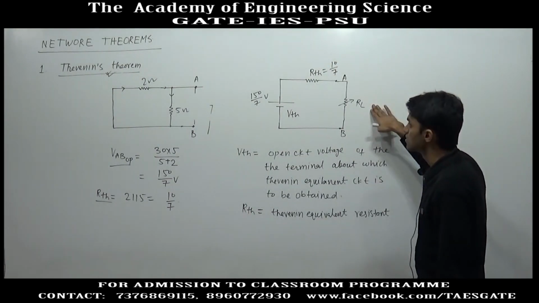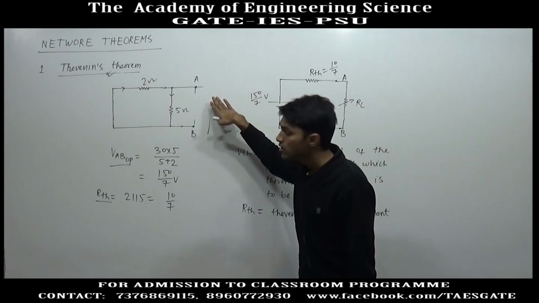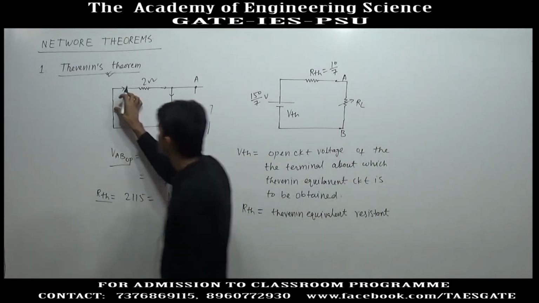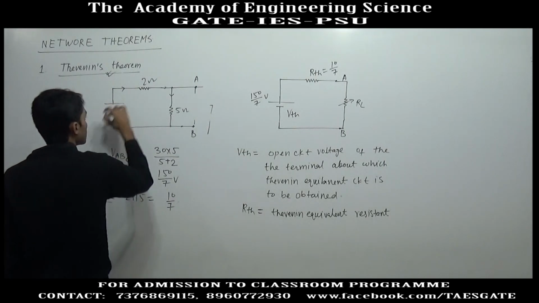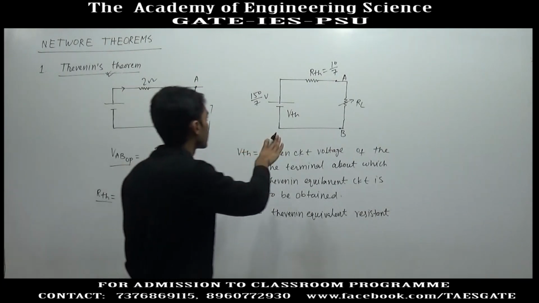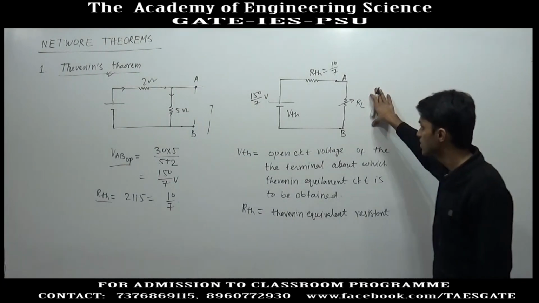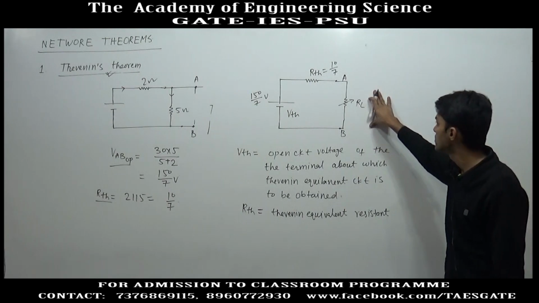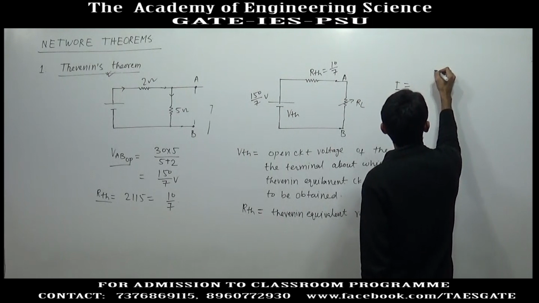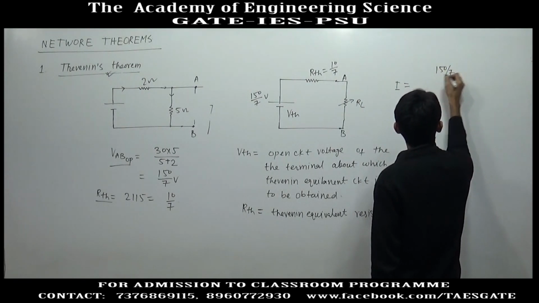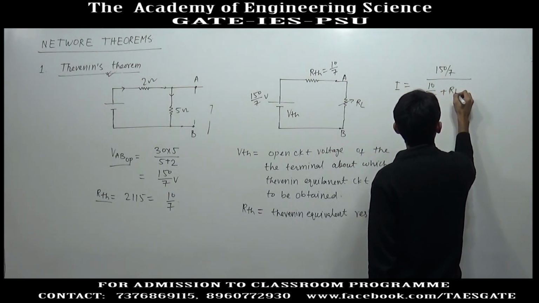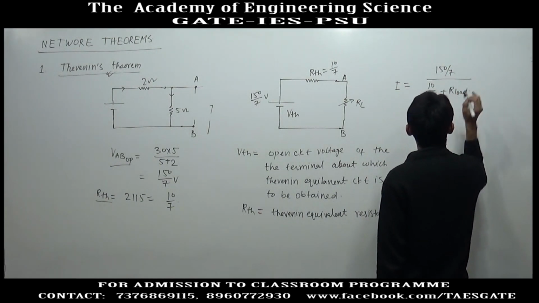Now you keep changing the load resistance. If the load resistance is changed again and again, and you are calculating through this circuit, you will have to solve the whole circuit. The circuit may be even bigger, but if you are solving with the help of the Thevenin equivalent circuit, you just have to write this formula: Thevenin equivalent voltage 150 by 7 divided by RTH, 10 by 7, plus load resistance.